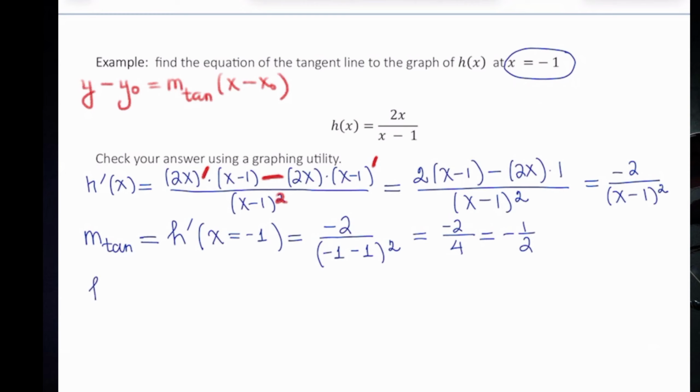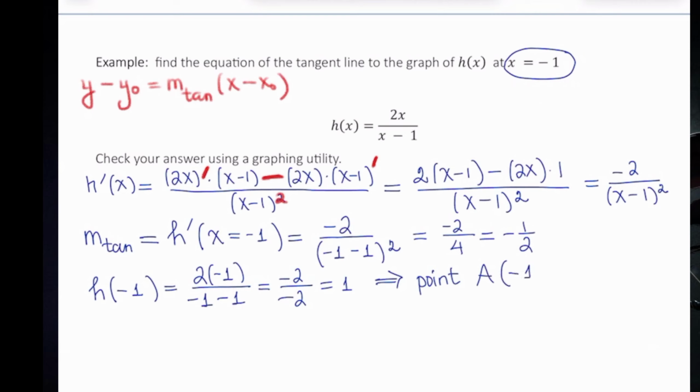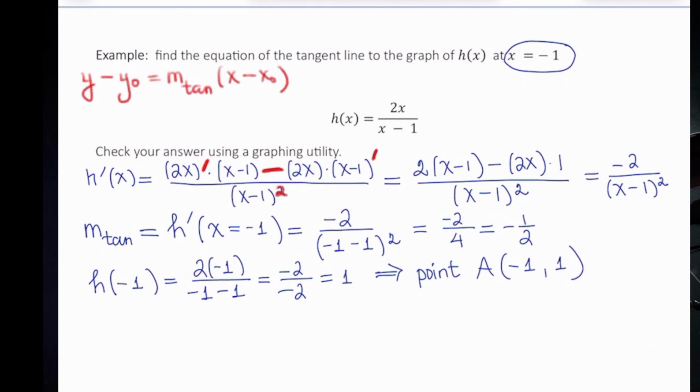So if I evaluate h at -1, our function, not the derivative, that would be 2 times -1 over -1 minus 1. So this becomes -2 over -2, and that's equal to 1. So our point has coordinates -1, 1.